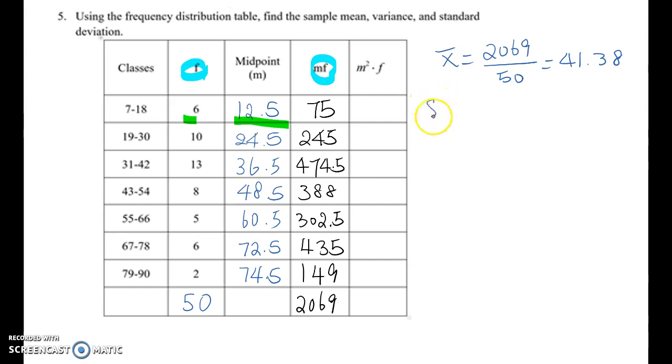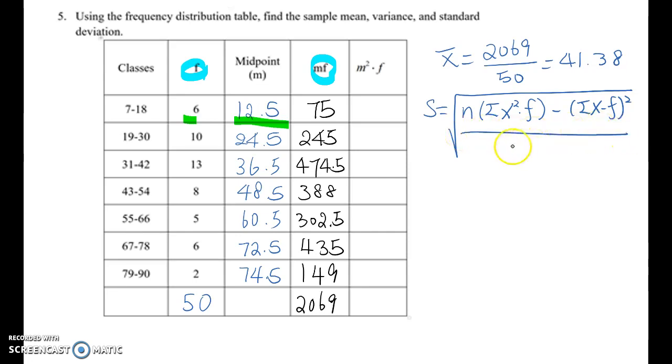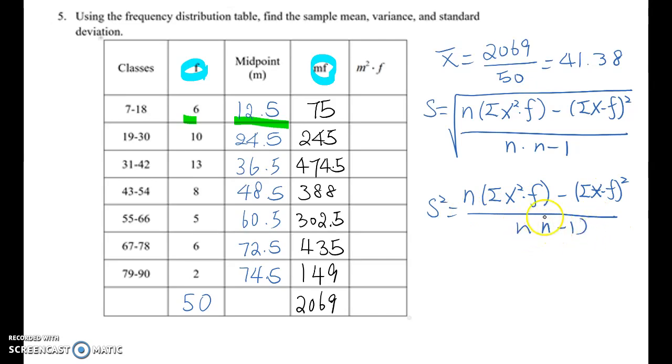Before, we know that s equals the square root of n times sigma x squared times f minus sigma x times f, squared, over n times n minus 1, right? In this case, without the square root, that will be the variance. So s squared equals n times sigma x squared times f minus sigma x times f, squared, over n times n minus 1.